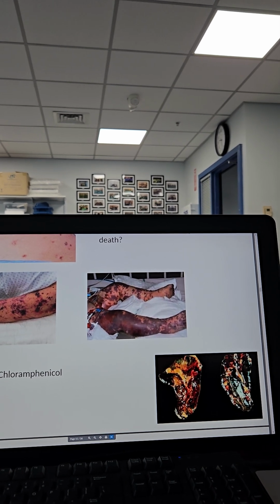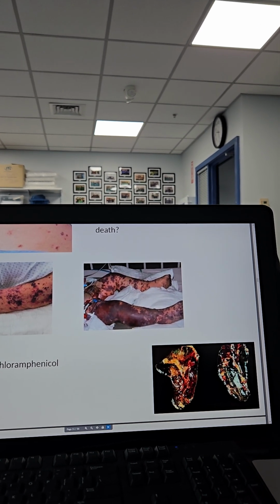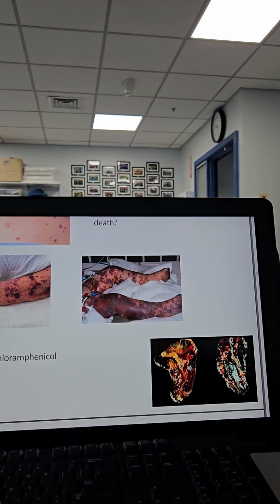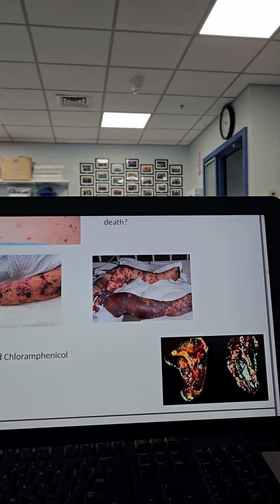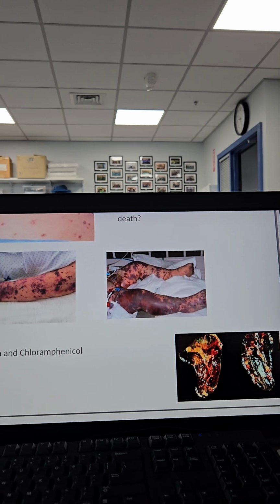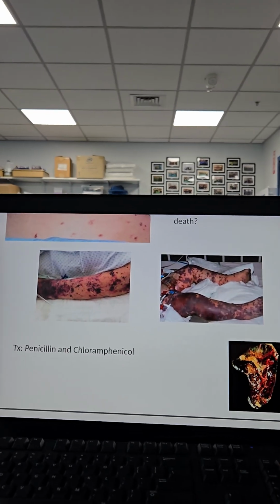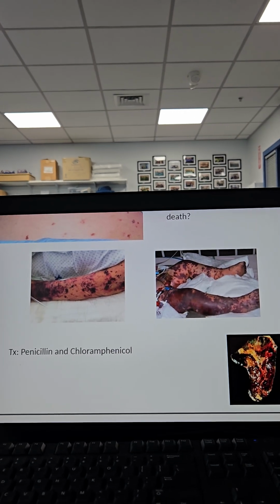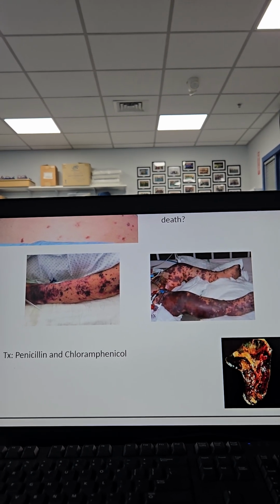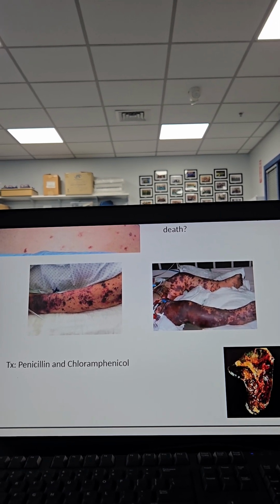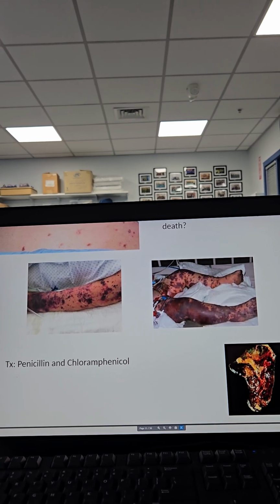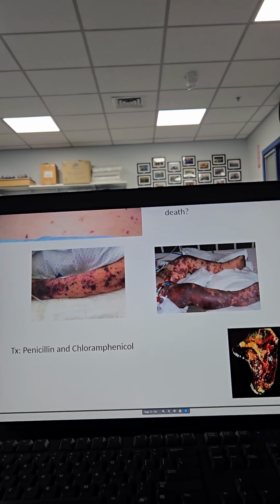So, typically, first line we go with penicillins. We've kind of moved away from the penicillins. We go with macrolides more commonly now, or we go into a third generation, fourth generation, like some sort of cephalosporin, but chloramphenicol works really well.